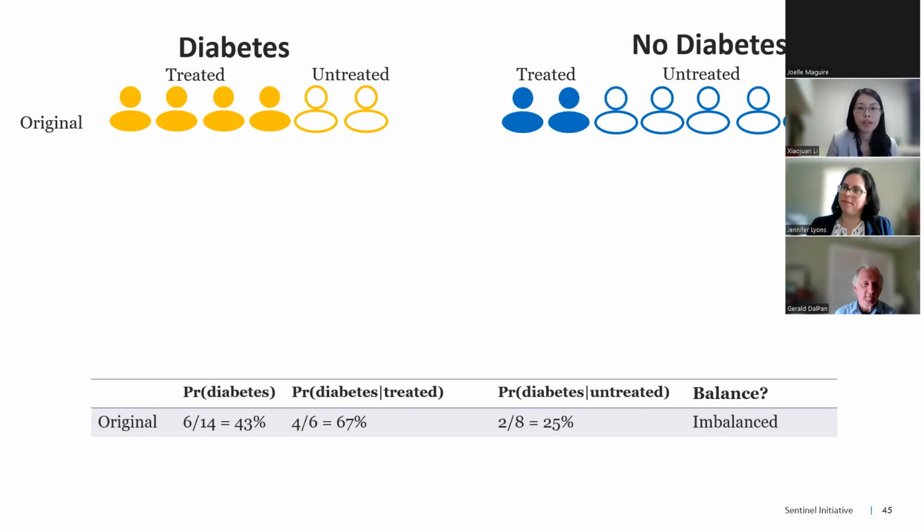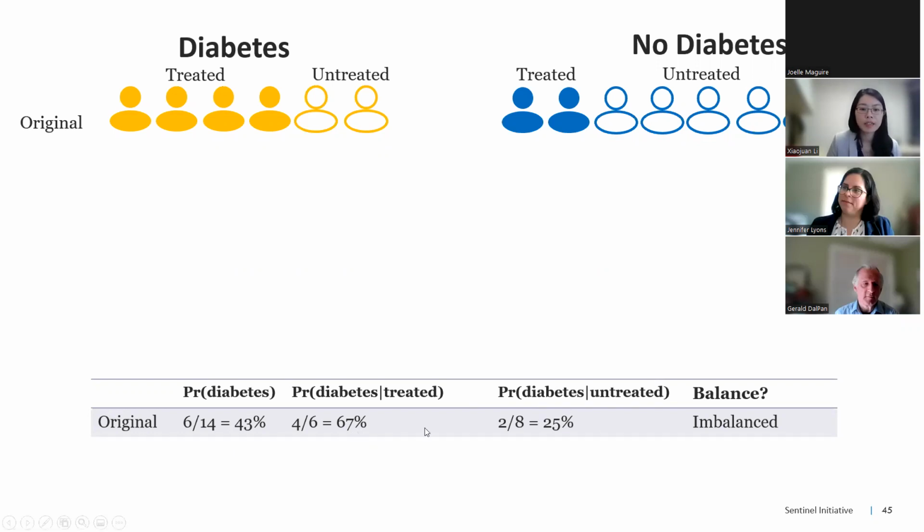And then within the untreated group, the circles without the color fillings, we calculate the prevalence of diabetes, which will be 2 over 2 plus 6, so 2 over 8, which is 25%.